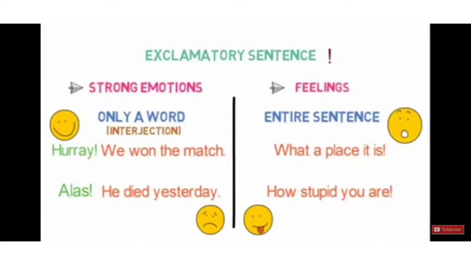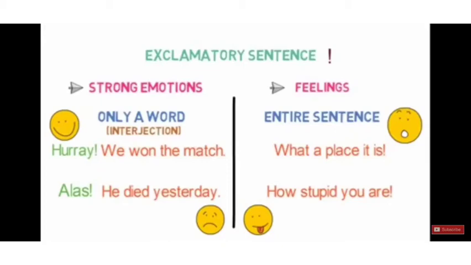Let's go through these examples. Hooray! We won the match. Alas, he died yesterday. These two examples belong to the first category. Only one word, an exclamation word, is called an interjection.